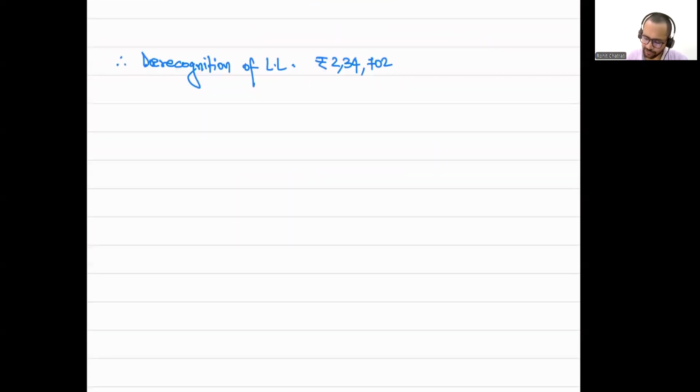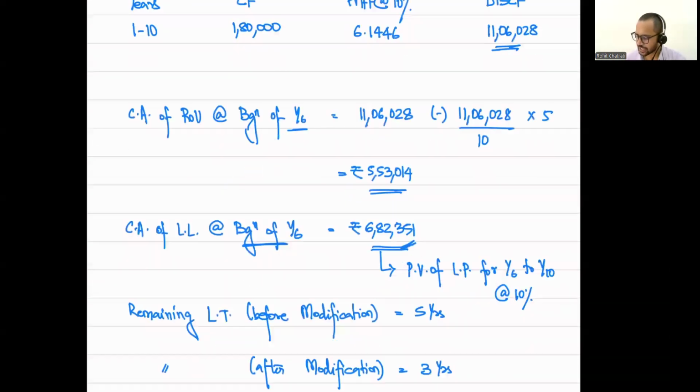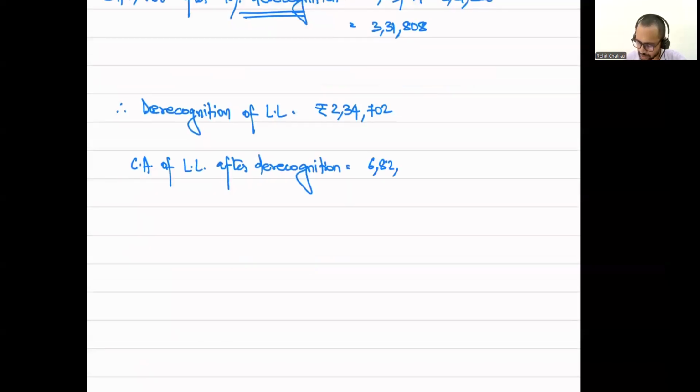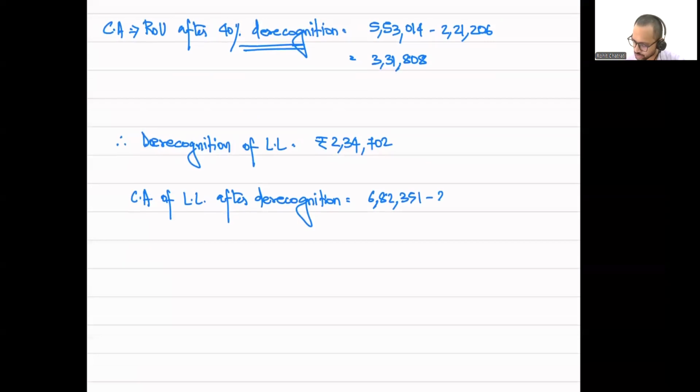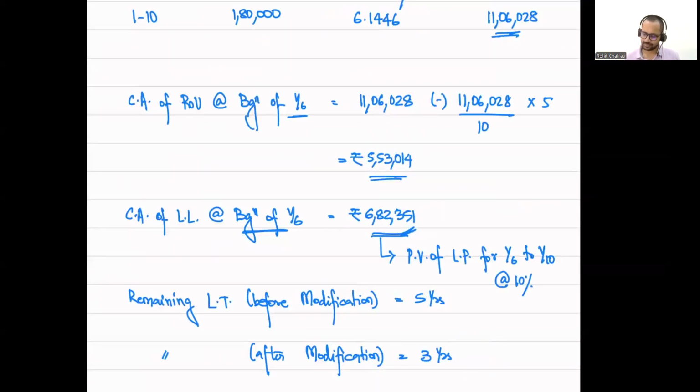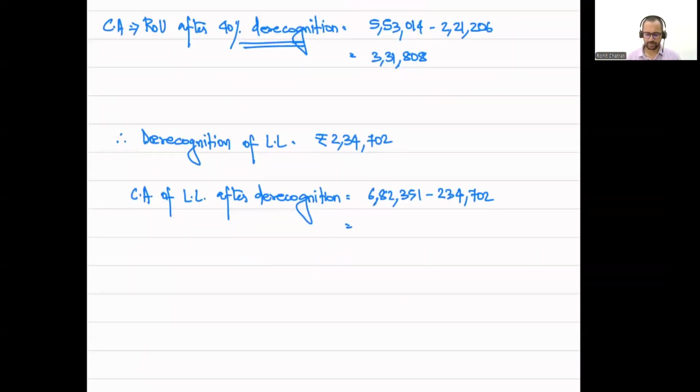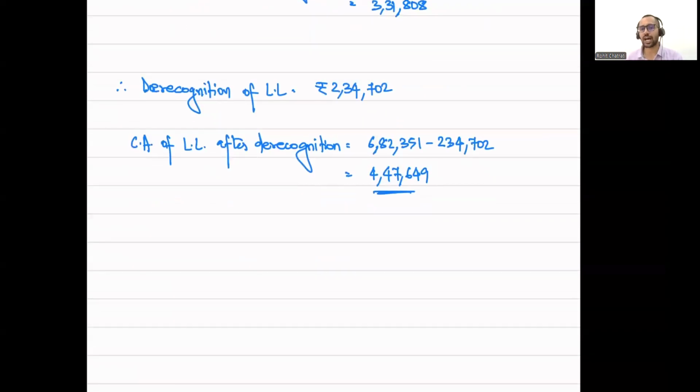After derecognition of lease liability of 234,702, the carrying amount of lease liability after derecognition is going to be 682,351 less 234,702, that is going to be equal to 4,47,649. This is the carrying amount of the lease liability after derecognition.